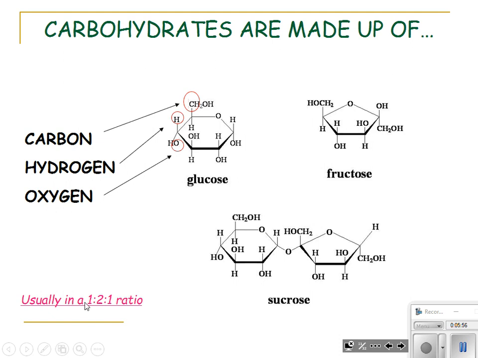And you can see that we have oxygens here, we have carbons here, we have hydrogens here. Now, these are two monomers, glucose and fructose. We're going to give those two things a name here coming up, and they are what we call monosaccharides. But if you look, glucose and fructose right here.